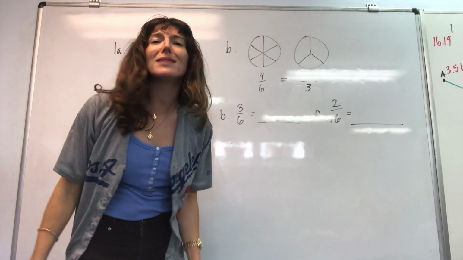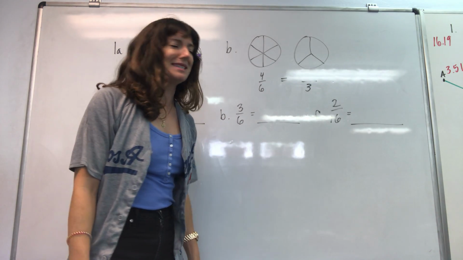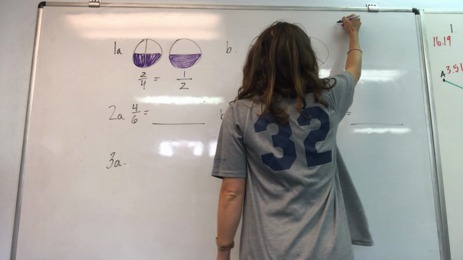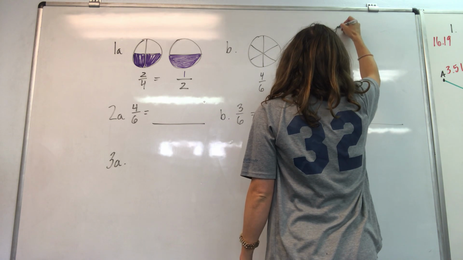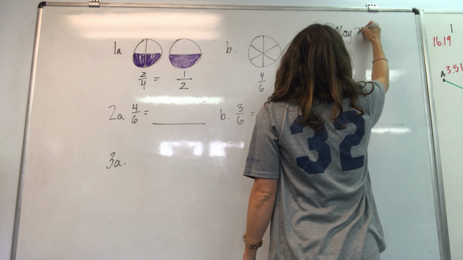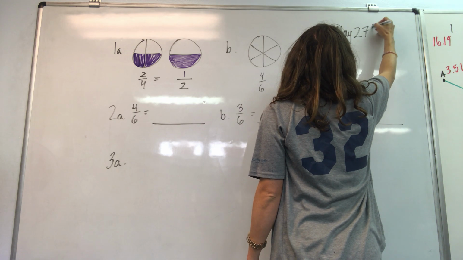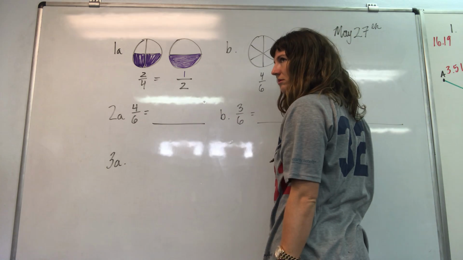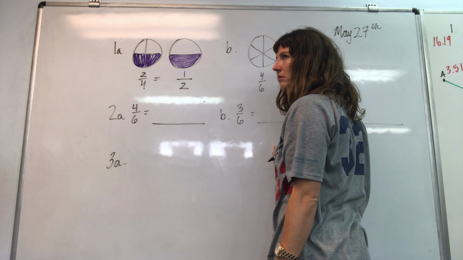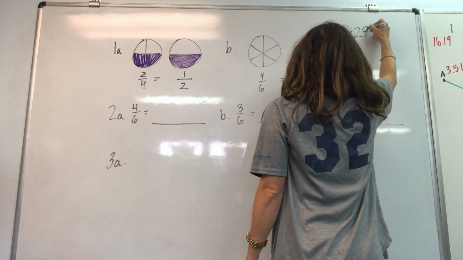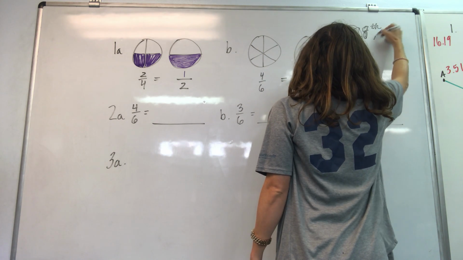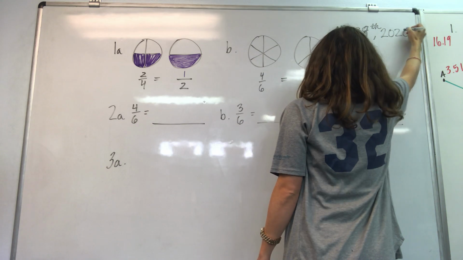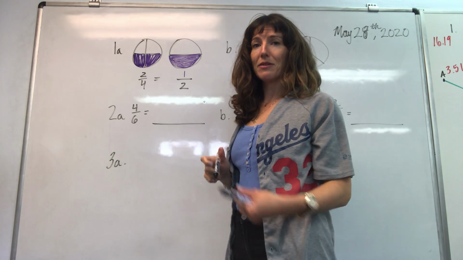And you know what? I'm so sad I forgot to put my name on top of the date. Today is May 28th, 2020. I'm so sad I don't even know what day it is.